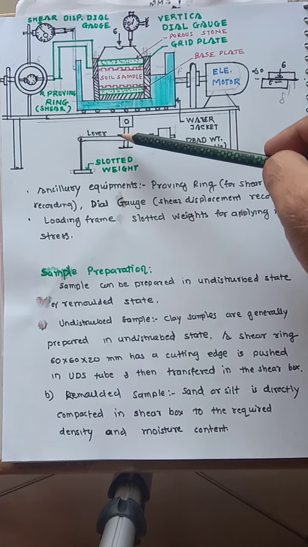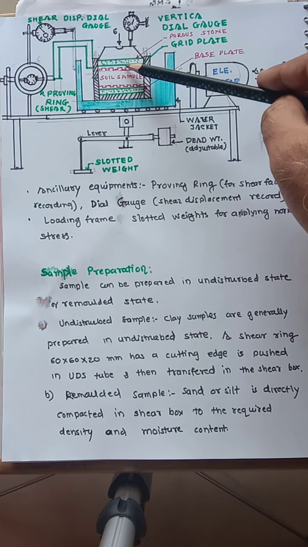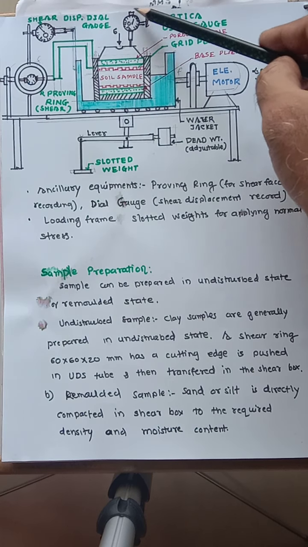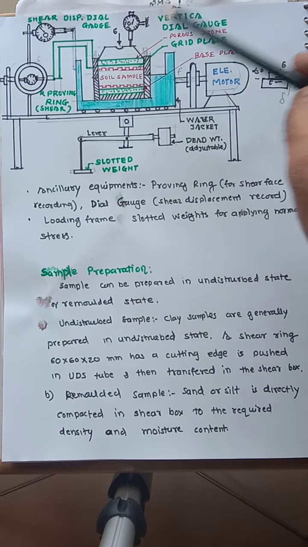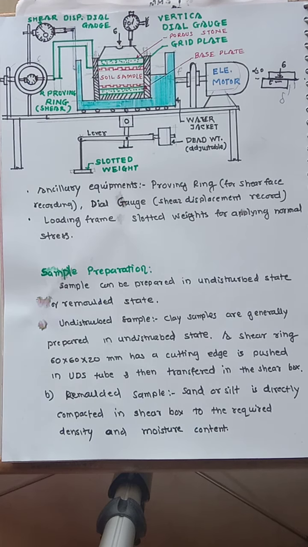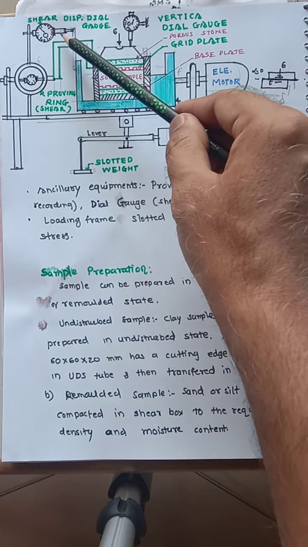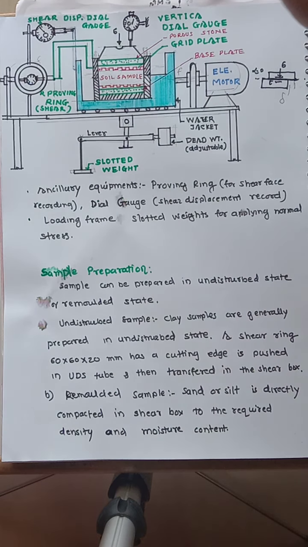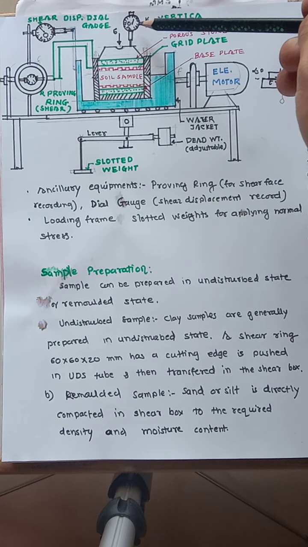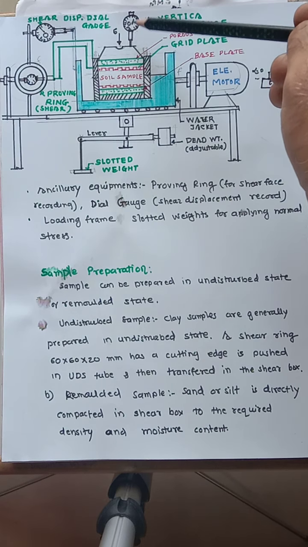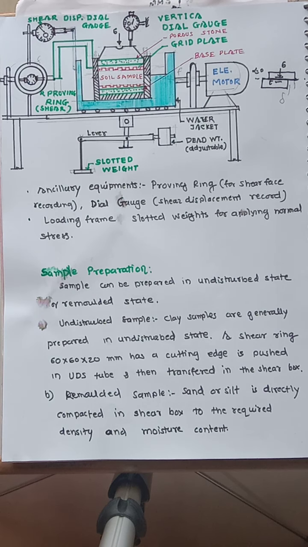Because of normal stress and during shear, the sample thickness decreases. That is measured on the vertical dial gauge, okay, change in thickness. So this is called the shear displacement, measured in the horizontal dial gauge, and change in volume or vertical displacement in the vertical dial gauge.